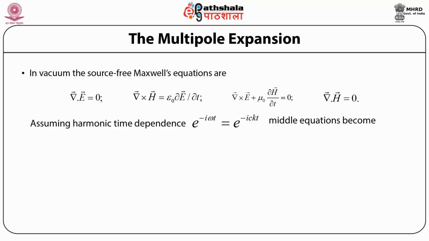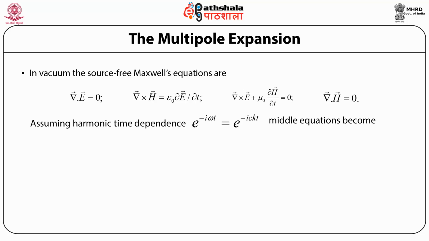So assuming a time dependence of the form e raised to power minus i omega t equals e raised to power minus i c k t, the middle equations become del cross H vector equals minus i k by Z naught into E vector, del cross E vector equals i k Z naught H vector, and Z naught here is equal to the square root of mu naught by epsilon naught, or equals mu naught c.